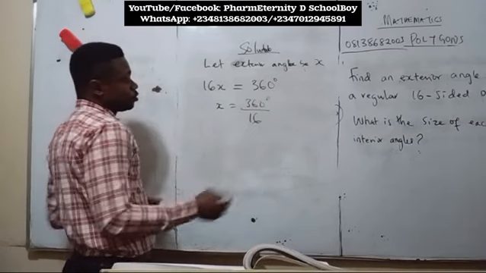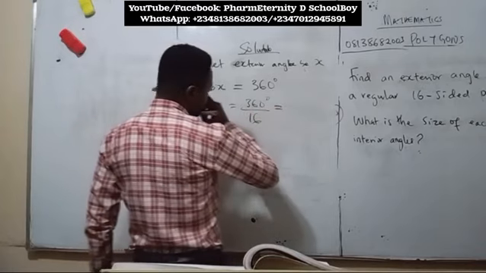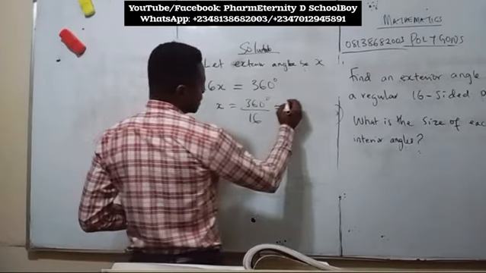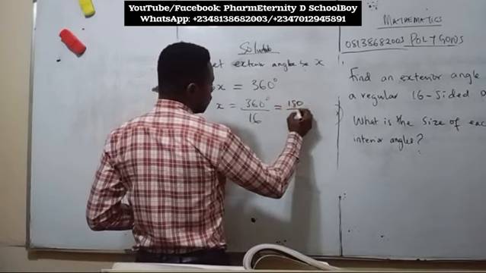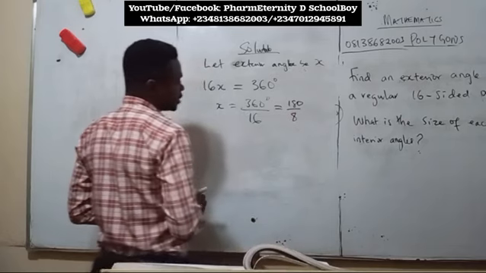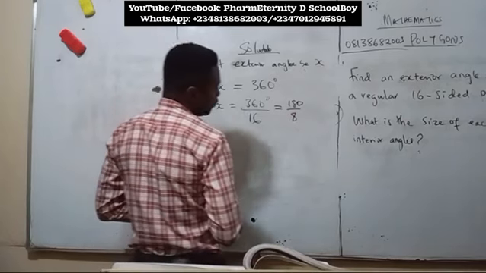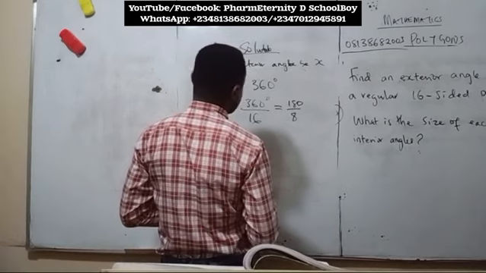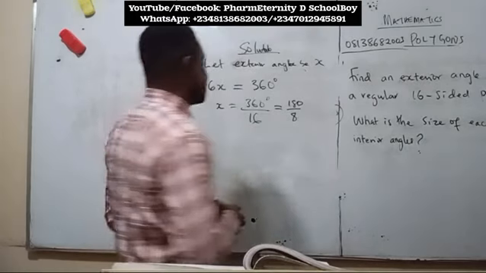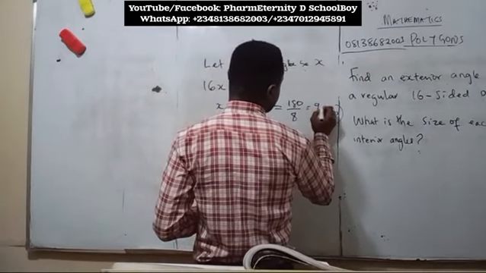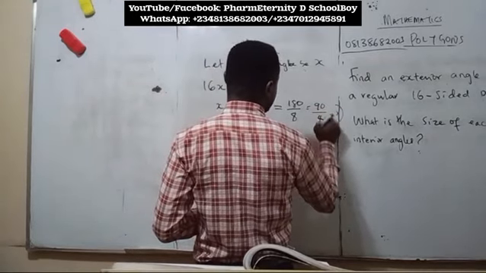If we divide through, we have 180 over 8. If we continue, we have 90 over 4.